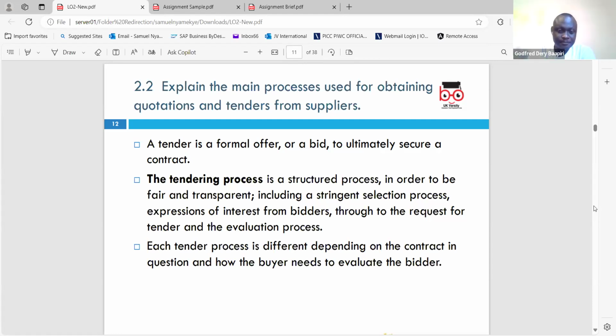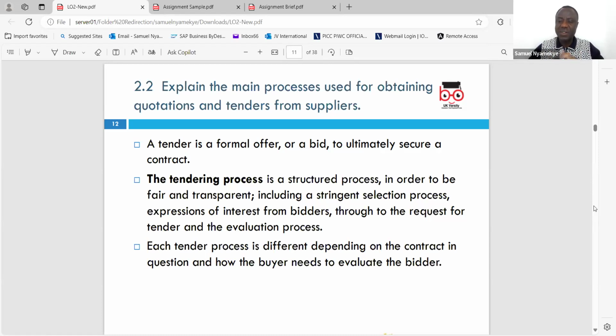So we are saying that we want to look at the main processes that are used to obtain quotations or tenders from suppliers. I will leave the word tender, we'll come back to it. But we are saying that a tender is a formal offer, or a bid, to ultimately secure a contract.